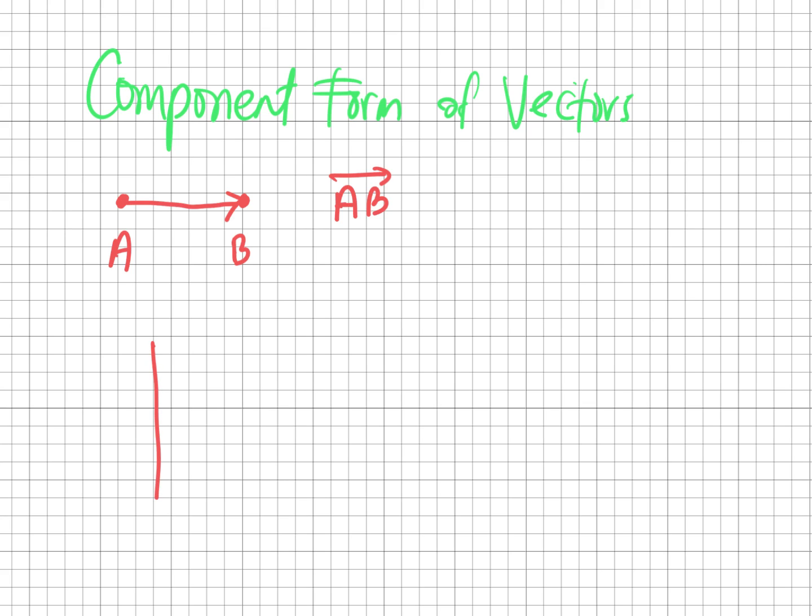Just like this one, in your coordinate plane, you have your x and your y. If you're going to be using this vector AB in here, this A represents your x and this one represents your y. However, for the component form, we are not going to be using AB all the time.